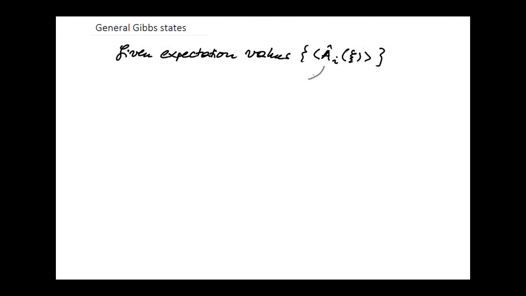So the A_i are really an arbitrary set of observables that are relevant for the problem at hand. They may or may not commute with each other. So it's not necessary that they commute.